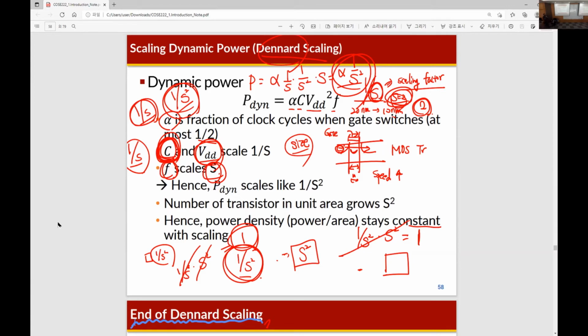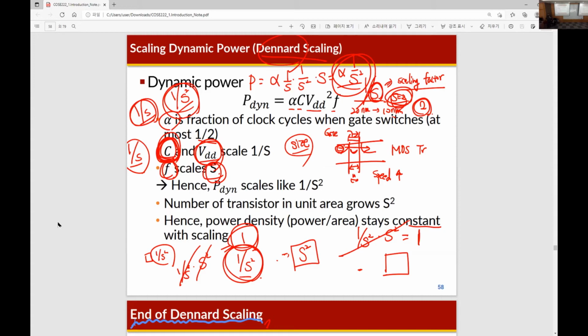So Dennard scaling means that the power density of a chip is constant. Which means that if the chip size is the same, but the semiconductor technology is advanced, then we can include more transistors. That means that we can make better CPUs or better processors, but the power consumption is the same.